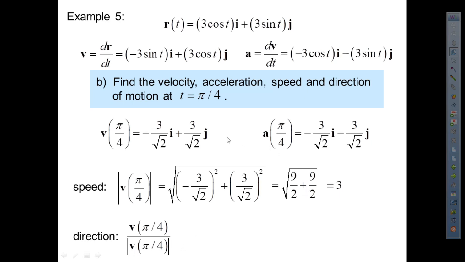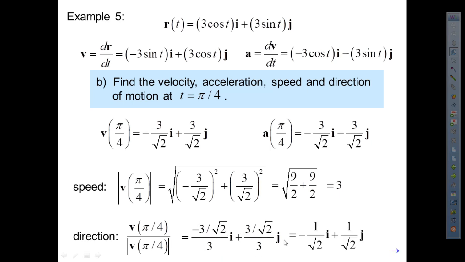That means we're taking this thing right here and dividing it by 3. We can divide that into both parts, because we're dividing by a single term. Of course the 3's are going to cancel out. So we end up with negative 1 over the square root of 2 i plus 1 over the square root of 2 j. So this is the direction.